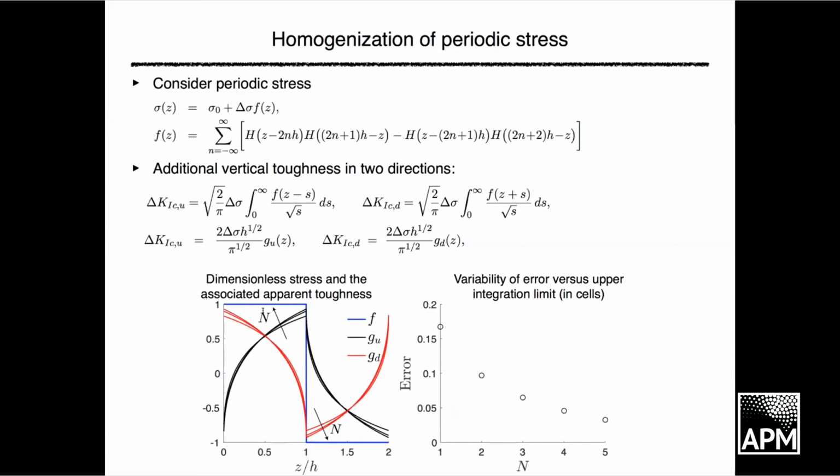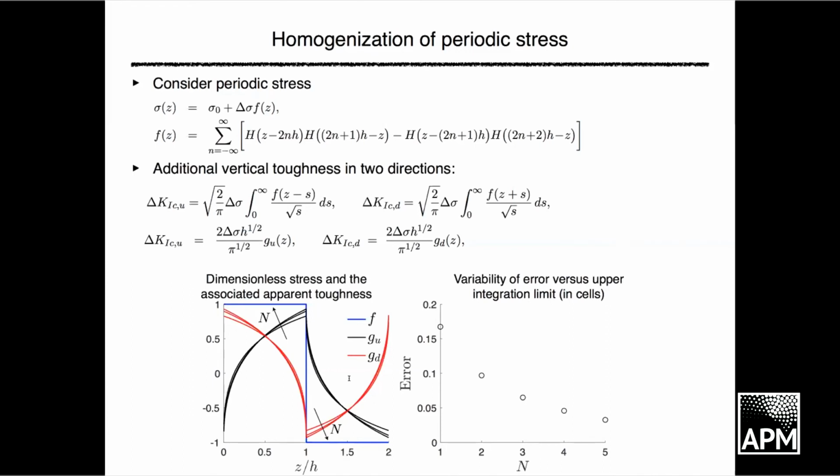And the large N is the number of cells which are used for integration, because here, again, we integrate to infinity, right? Again, it's a near tip model, okay? We're assuming a semi-infinite fracture, but of course we have to truncate it in actual computations. But we see that the results can converge quite quickly. And here's how they converge, in error versus number of cells.